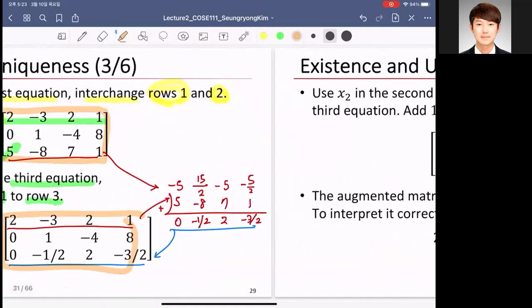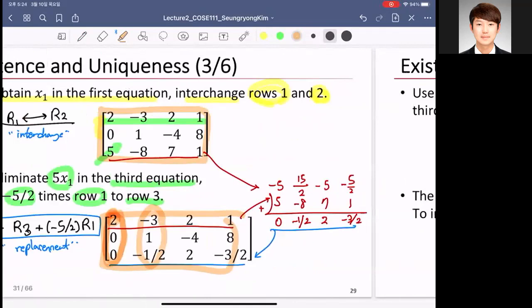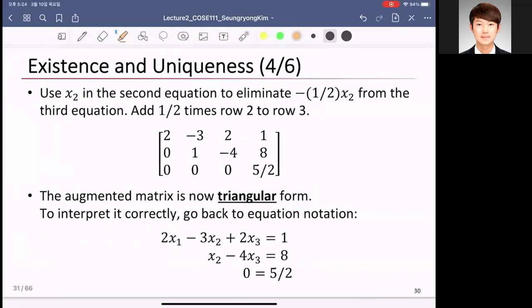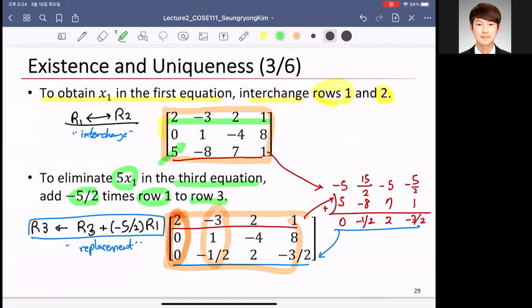And what next? Okay, we made a unique term in column 1. Then let's do similar things in column 2. How can we do that? Our strategy is similar to example 1.